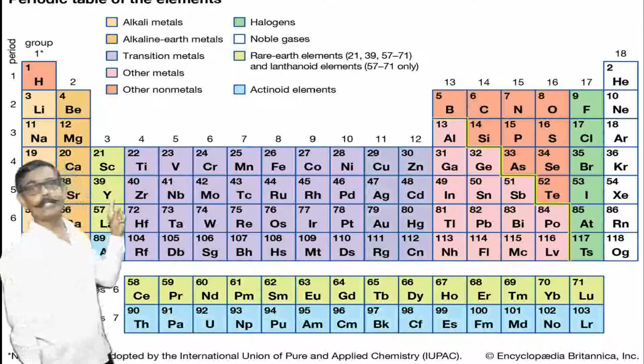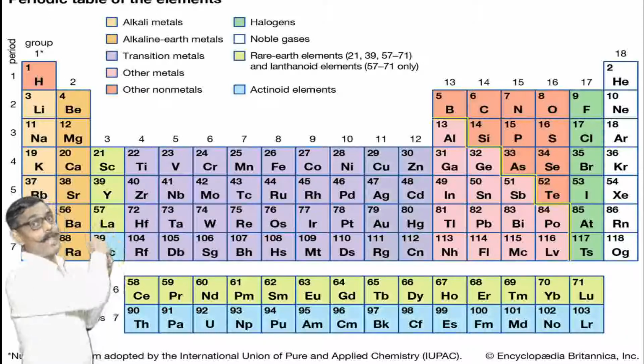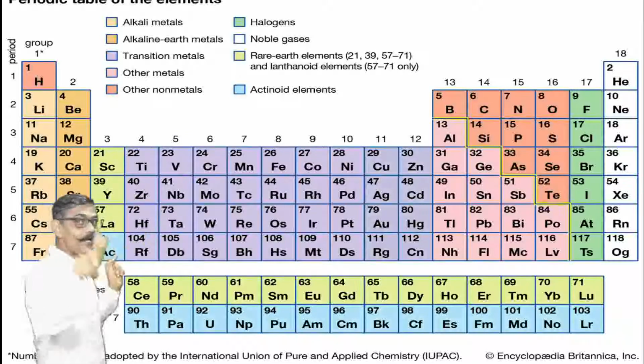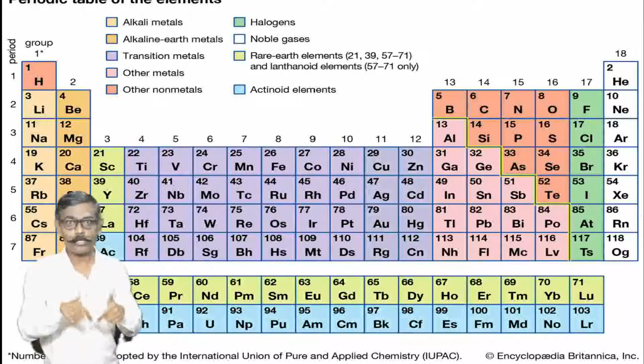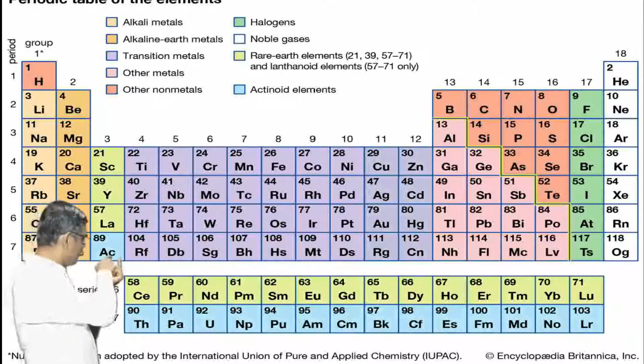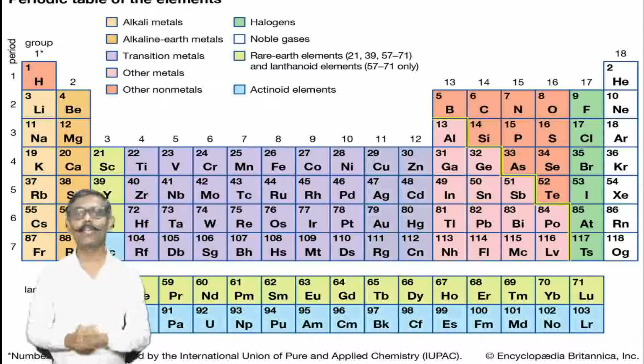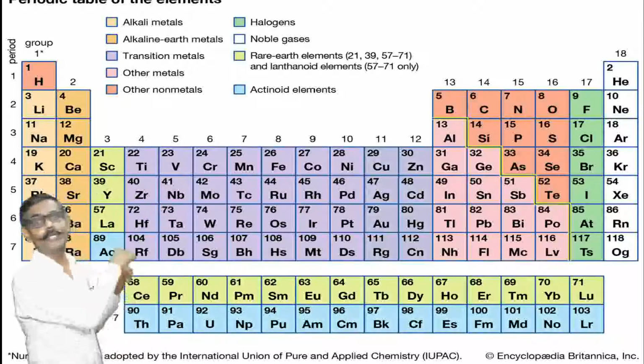Below that, there is yttrium. Below that, lanthanum. And after lanthanum, further 14 elements are there, which are included in inner transition series elements. Likewise, actinium, and after actinium, further 14 elements are there. Those are to be included there.